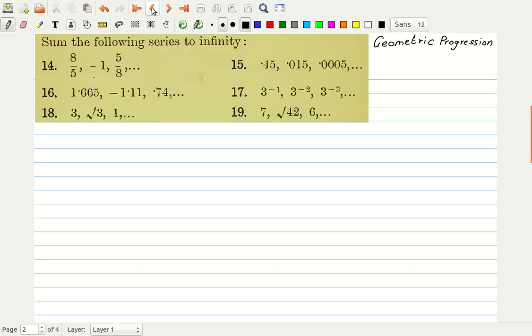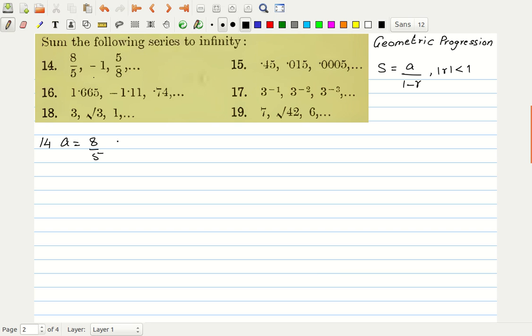Now let us do these problems. So what we know is, if the modulus of r is less than 1, then the sum is a divided by 1 minus r, given that the absolute value of r is less than 1. Now let us look at problem number 14. We can see that the first term a is 8 by 5.